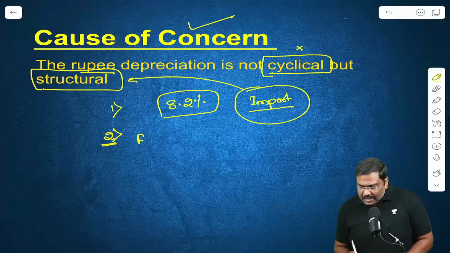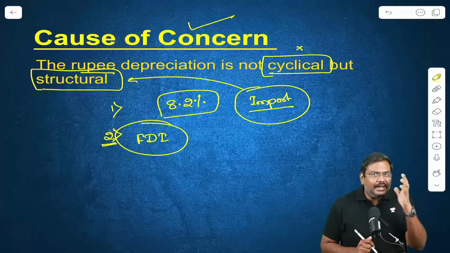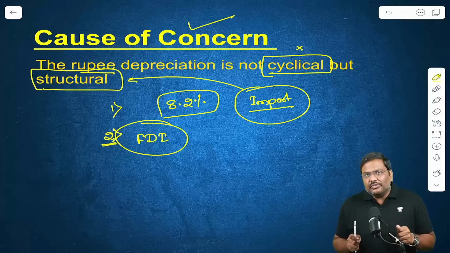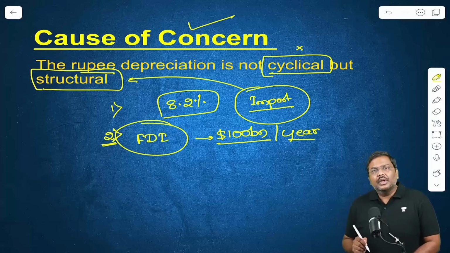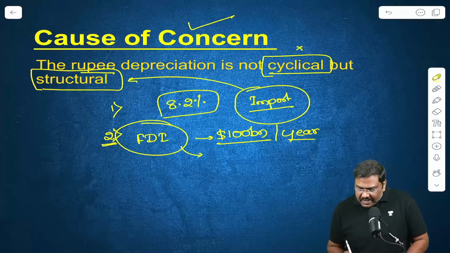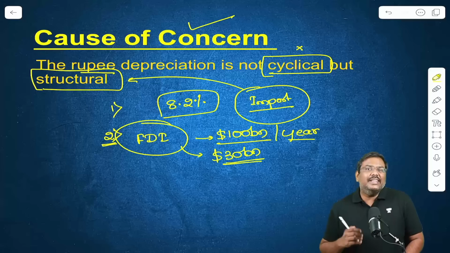Second is FDI, foreign direct investment. The government of India has set a target of attracting $100 billion worth of FDI every year. But this year, the amount of FDI that has flowed into India has stagnated at around $30 billion.